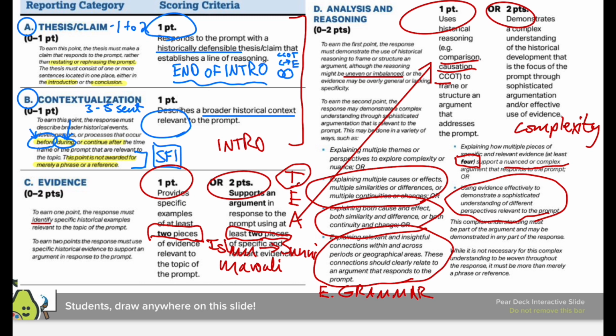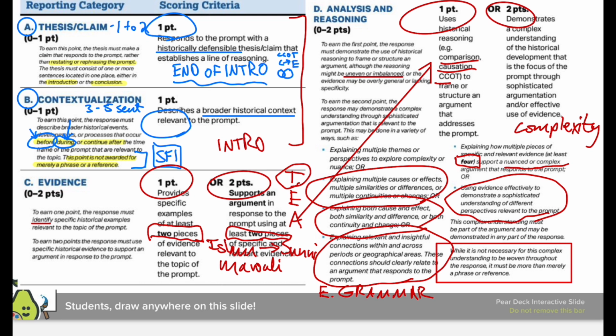Again, with the complexity point, this is not something that we're going to lose a lot of sleep over trying to get, especially as freshmen. But you don't want to leave these easy points like thesis, context, and evidence on the table because you're trying so hard to get the unicorn point. It's also important to note that complexity is more than a phrase or a reference.